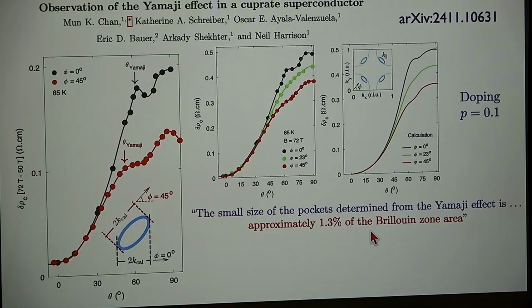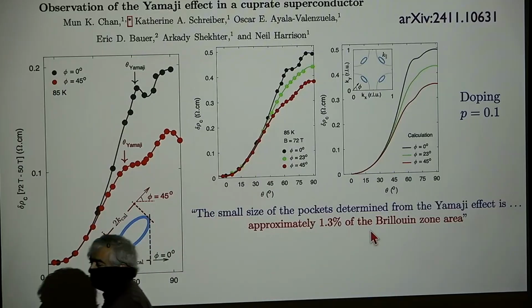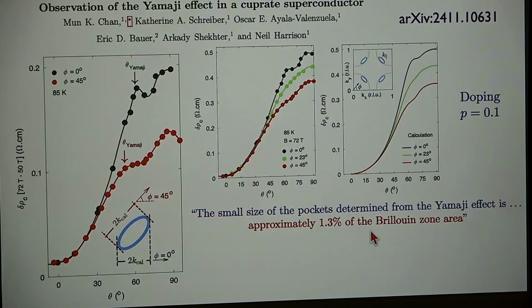I'm trying to understand, is this an independent confirmation of a pocket? This is the first clear evidence of a pocket. But for the magnetoresistance, you're saying you have to model it. Yeah, I think this is far more convincing. And furthermore, it gives you the size of the pocket without any calculation. I see.